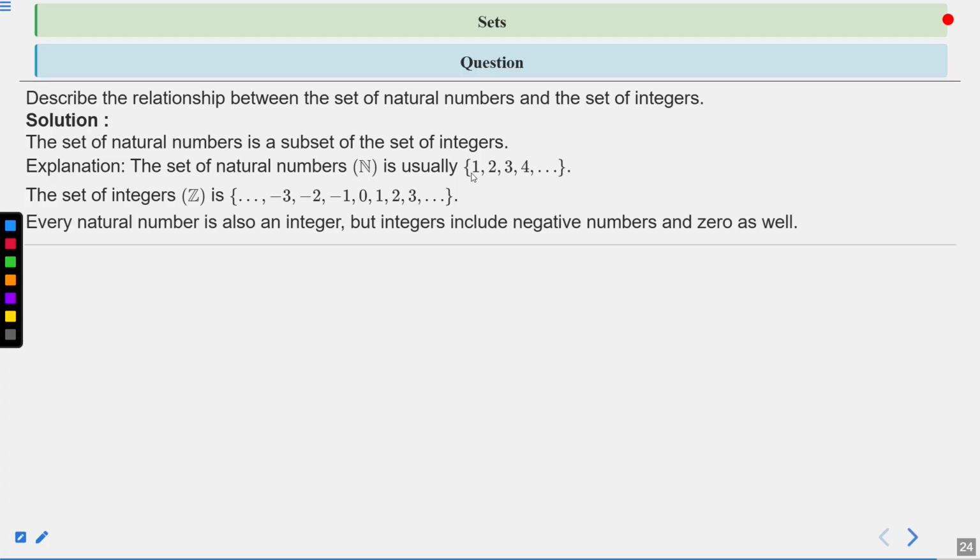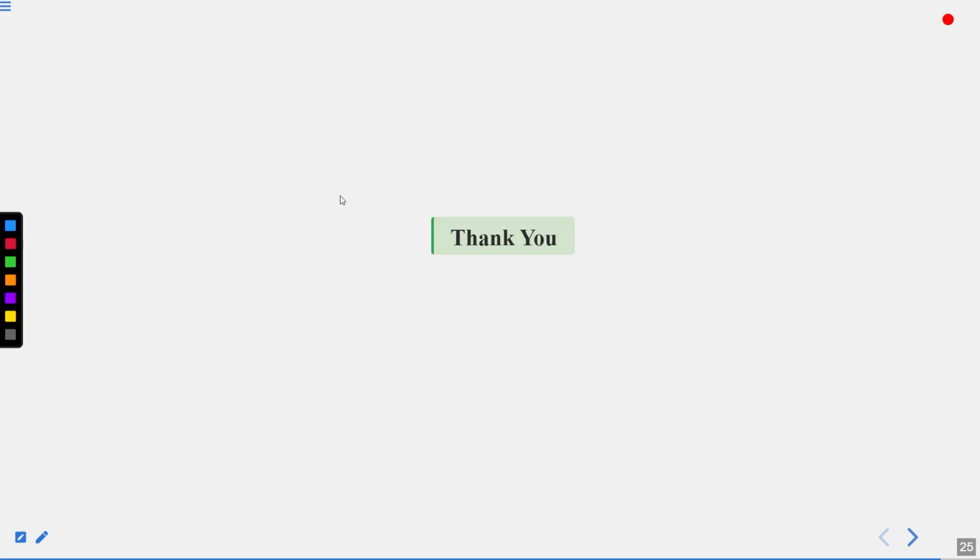As you can see, every element from the naturals belongs to the set of integers. So the set of naturals is simply a subset of integers. In other words, in terms of superset, you can also answer that the set of integers is a superset of the set of natural numbers. Clear? So this is it from this session.